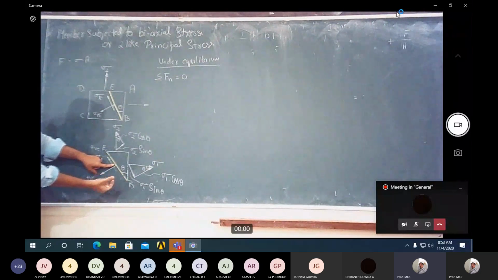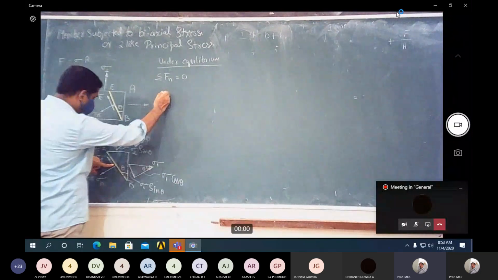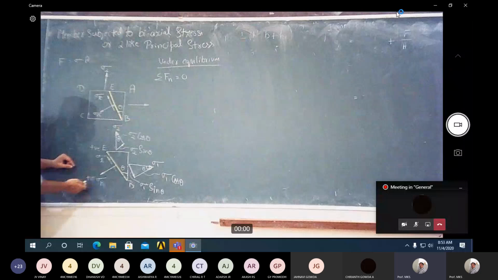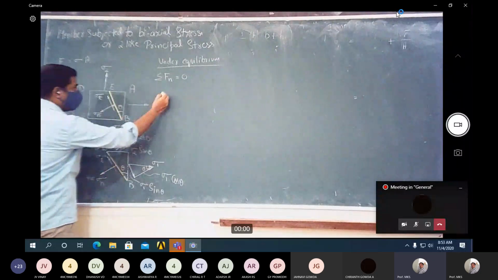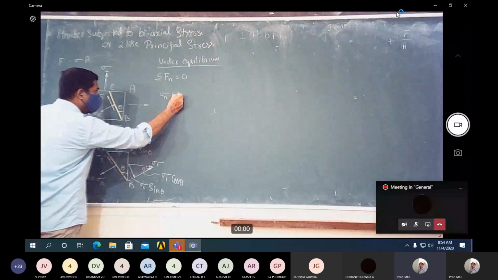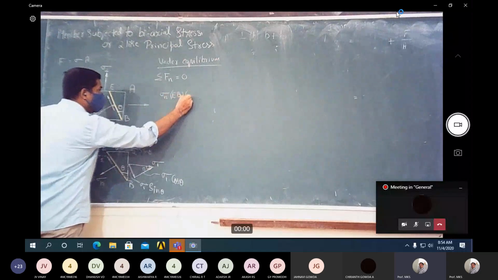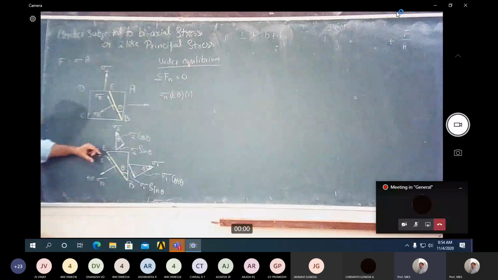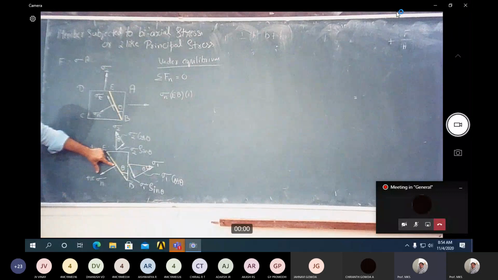Thickness is unity. We have considered the thickness as 1. We will take the stress in this direction, sigma n, as positive. The opposite stress will be negative. So it is sigma n EB into 1. The force in this direction with respect to normal stress.